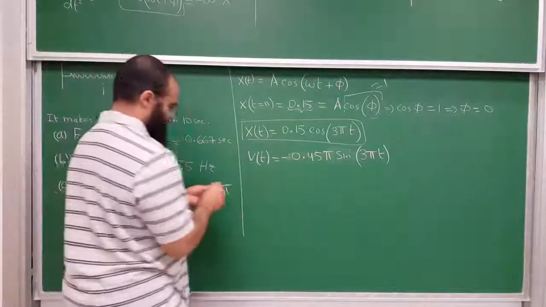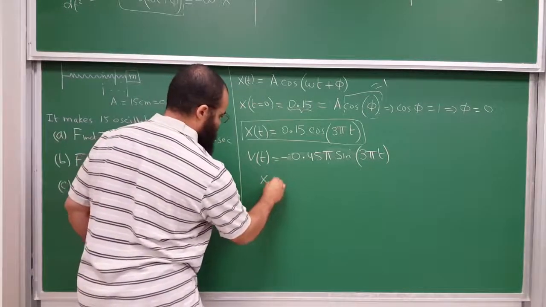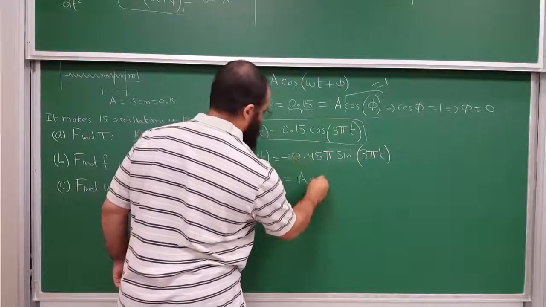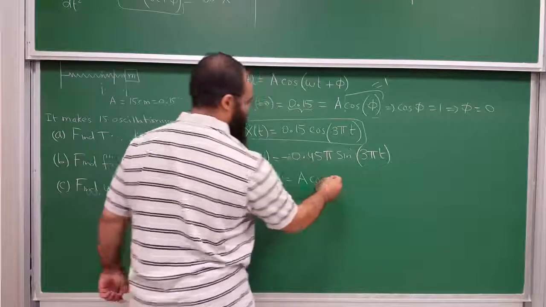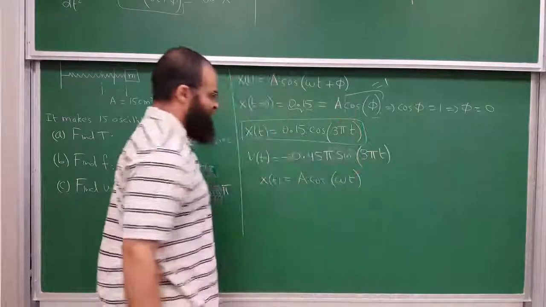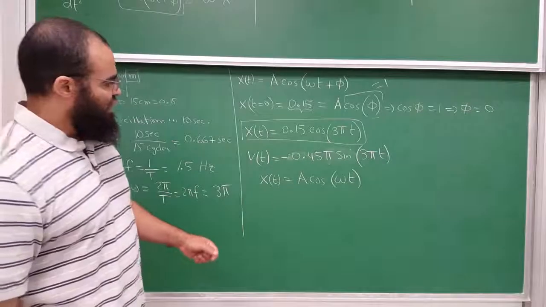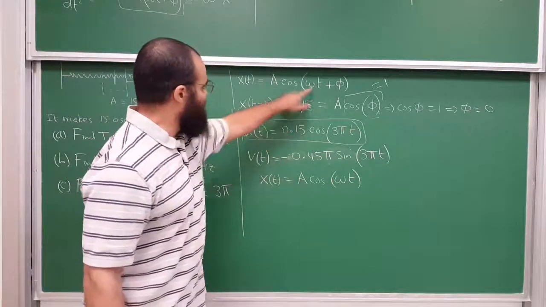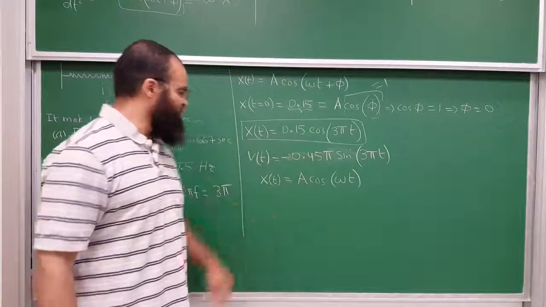Well, let's see. We have x as a function of time equal to the amplitude times the cosine of omega t. Phi is 0. I will just leave it in general. A is 0.15 for our problem, omega is 3 pi for our problem, but I will just leave it like that.